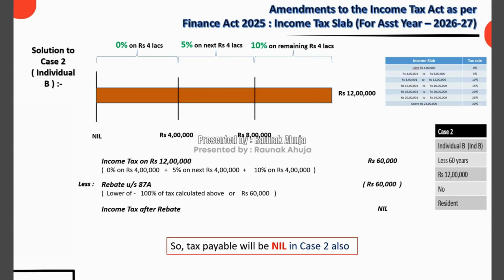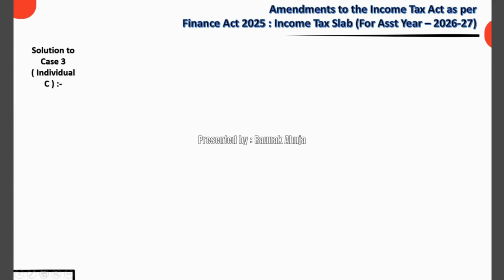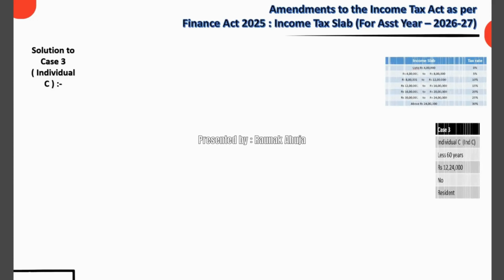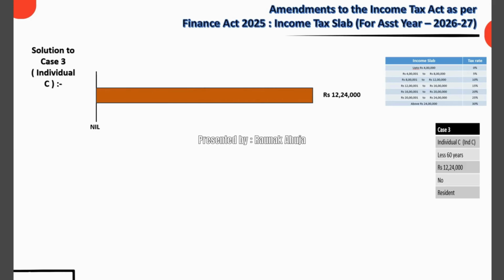Moving ahead with the third case. In case 3, the individual is less than 60 years of age. Total income is 12,24,000, opted for new tax regime, and is a resident. So, we plot the entire total income. On the first 4 lakhs, 0%.